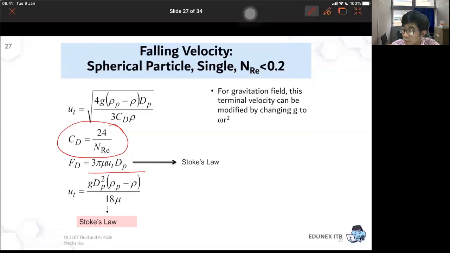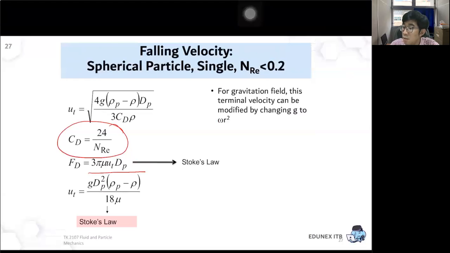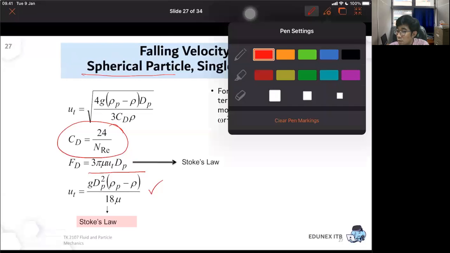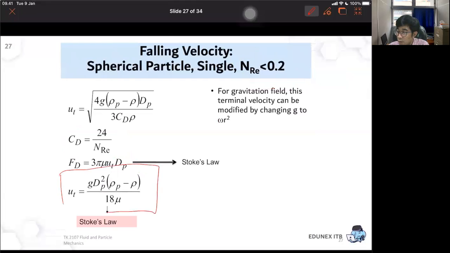Basically the terminal velocity for single particles with the sphere shape at low Reynolds number, you can use this one. So it's not depending on the drag coefficient anymore. When the spherical particle is falling, single, just one particle, then you can use this final equation to get the value of the terminal velocity.